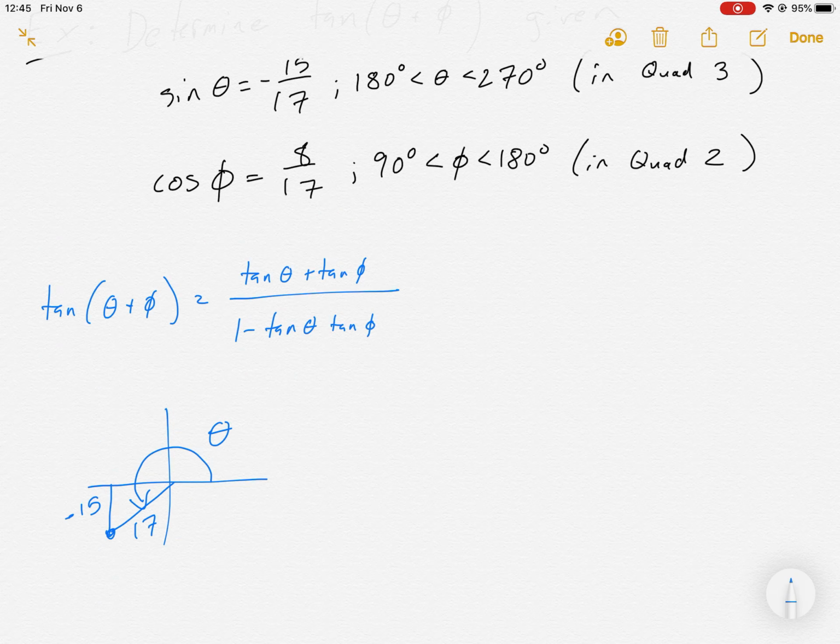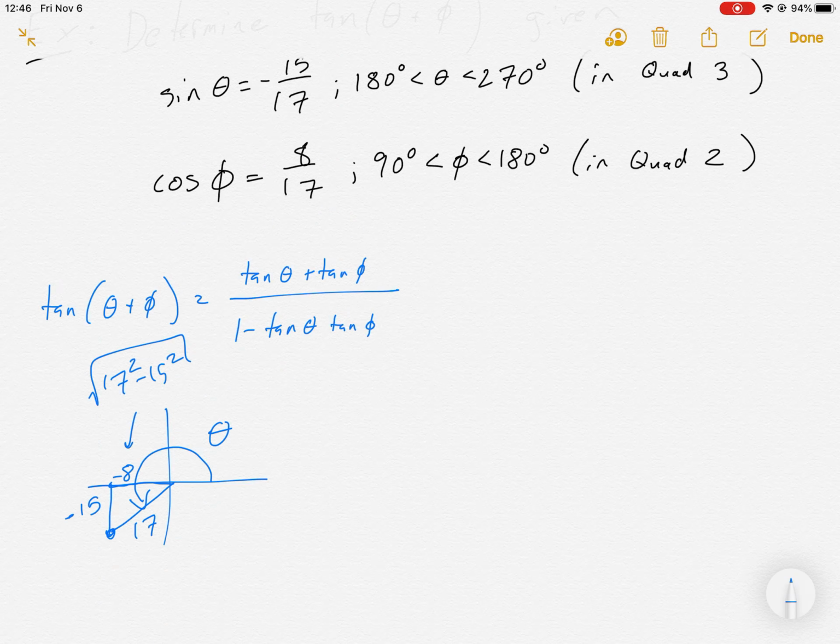And if you use the Pythagorean theorem to calculate for the missing side, you're going to end up with an 8 here. But it has to be negative because we're in quadrant 3. So this was 17 squared minus 15 squared, and then the square root.